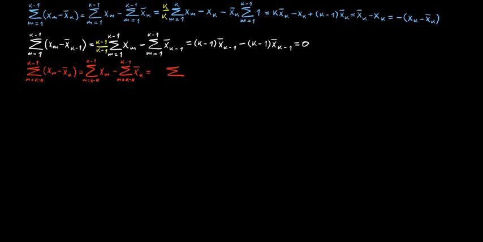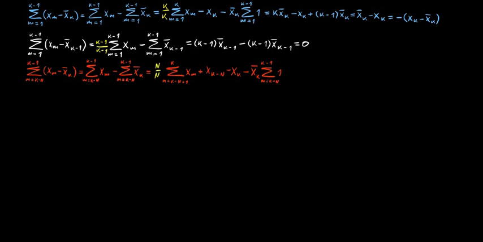This equals the sum of x sub m, where n goes from k minus n plus 1 to k, plus our oldest measurement minus our current measurement, minus the current average times the sum of ones, where n goes from k minus n to k minus 1.